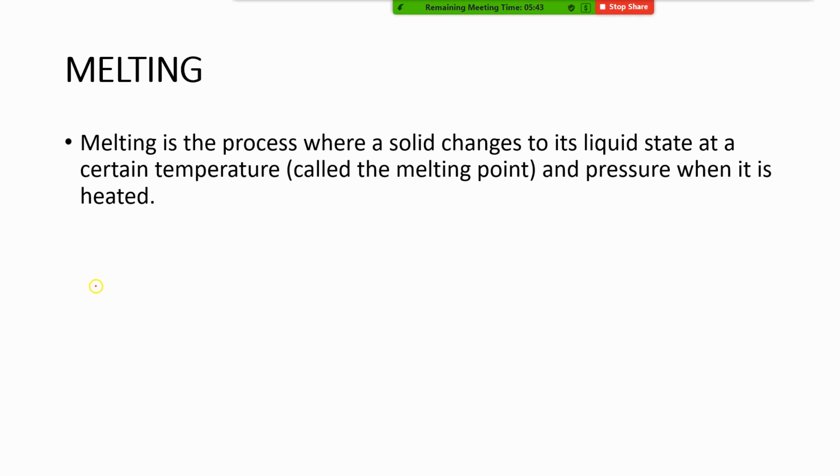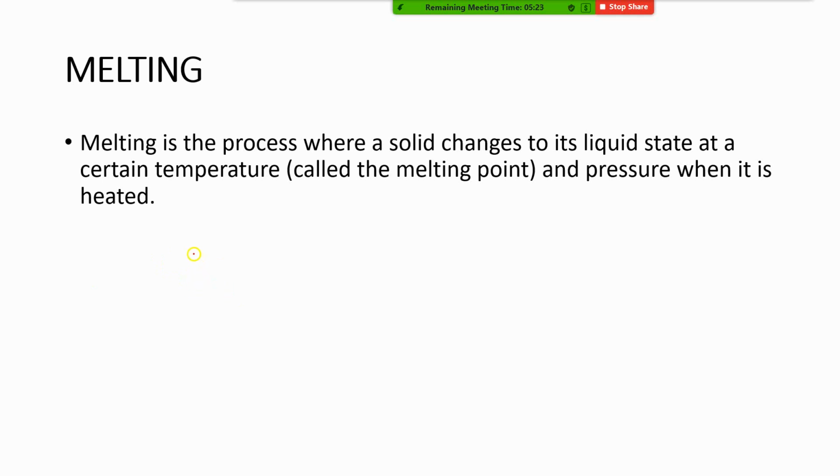Yes? So, sir, if we draw a graph, what temperature would we put as the general melting point? No, if it's not stated to you as it relates to the substance and so forth, then you don't need to state the temperature.